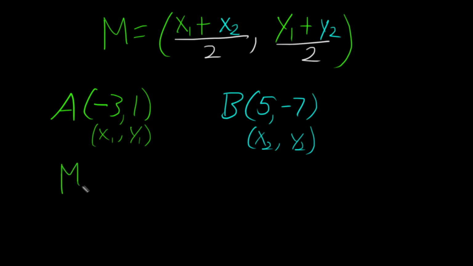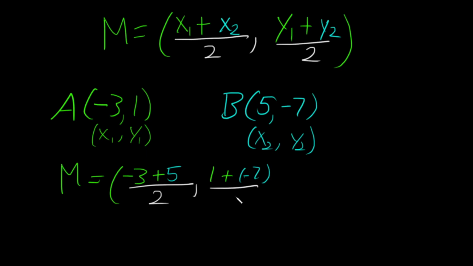So in this case, our midpoint is equal to x1 is -3 plus x2, which is 5, divided by 2, comma, and then the y values. y1 is 1 plus our y2, which is a -7, so I'll put that in parentheses, over 2.